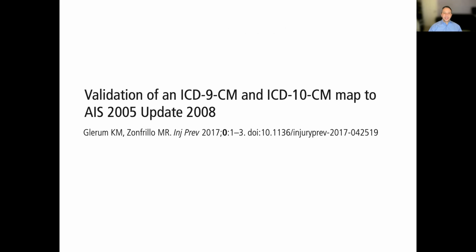We wanted to validate the map to see how much agreement there was between the gold standard of data abstraction and assigning AIS versus a mapped AIS based on ICD codes.